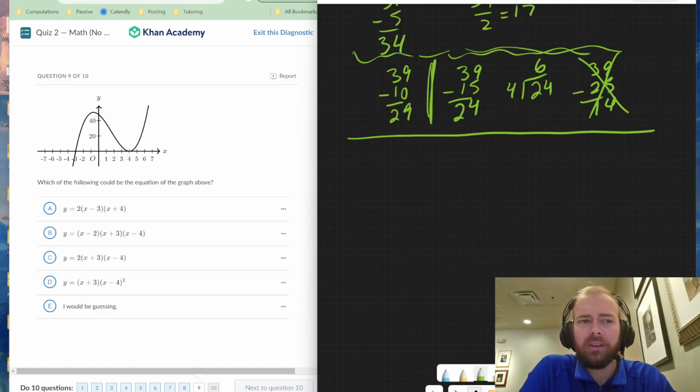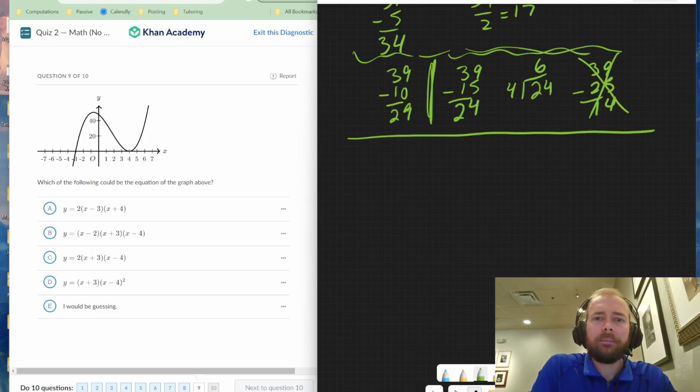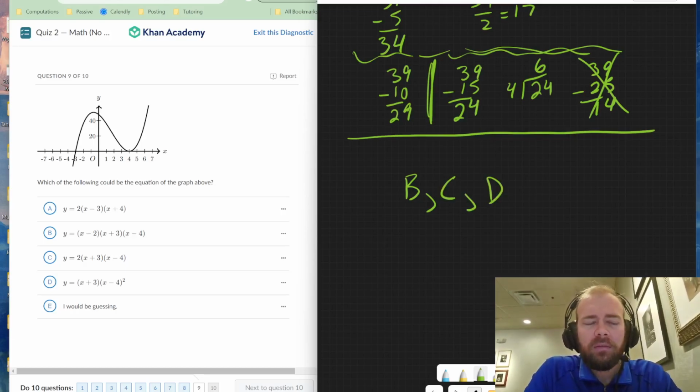So it's not A. It's got to be something with x plus 3 in it, because if I plug in -3 for x, I should get 0 for y. -3 plus 3 is 0. So it could be B, or C, or D, just based on the fact that we have an x-intercept at -3.